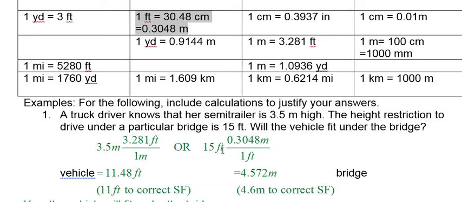So 1 foot times, our feet times 0.3048 meters gives us 4.572 meters. Now, regardless of which way we're looking at this, we want to see, does the 11.48 foot vehicle fit under the 15-foot bridge? Or the other way to say that is, does the 3.5 meter vehicle fit under the 4.572 meter bridge? Either way, we can see, yes, the vehicle fits.